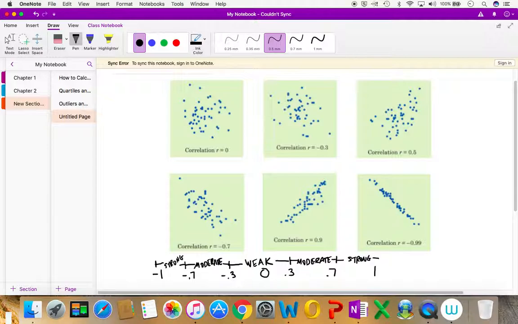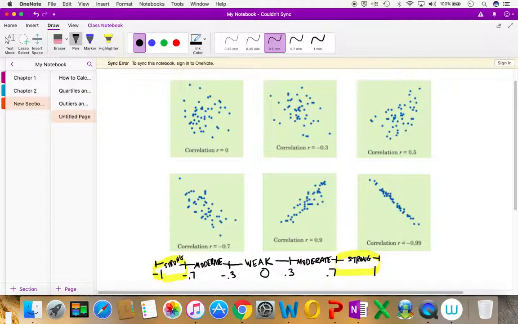So if you think about it in terms of weak, moderate, and strong, where you want to be is somewhere in this neighborhood back here or somewhere in this neighborhood over here. Those are your strong relationships.